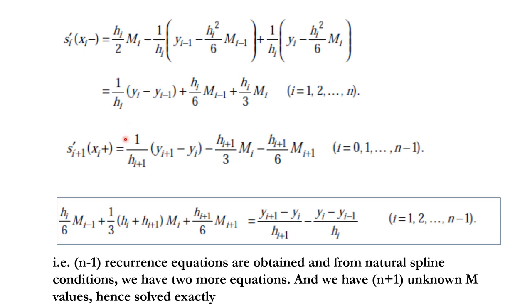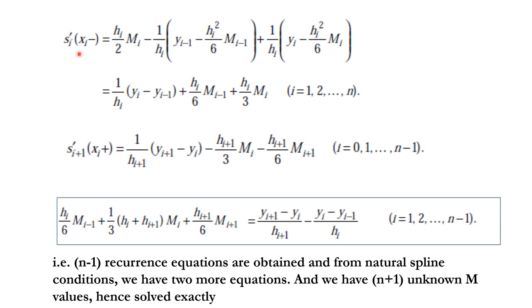Just after the xi value, the spline function is si plus 1 and the first derivative is si plus 1 prime. Just before the xi value, the spline function is si of x and the first derivative is si prime of x.